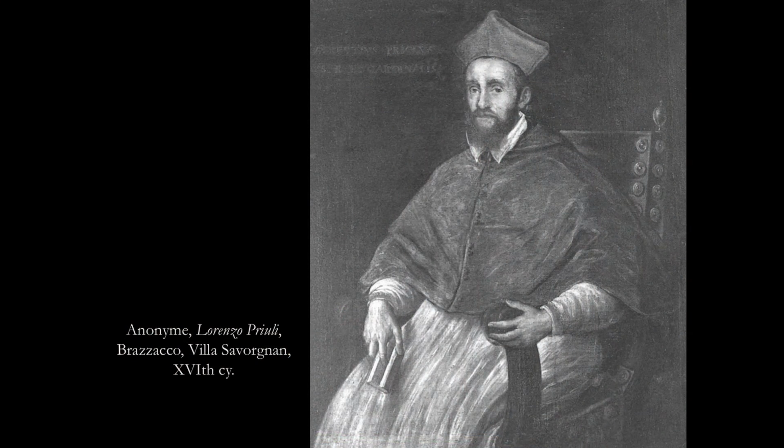Righettino was particularly close to two very important characters in the diplomatic world of the Italian Renaissance. The first is Lorenzo Priuli, a Venetian nobleman who was ambassador to the ducal court of Tuscany, to Philip II in Madrid, to the court of Henry III in France, and finally to the papal see at Rome during the last months of Gregory XIII's pontificate and the first month after Sixtus V's election.